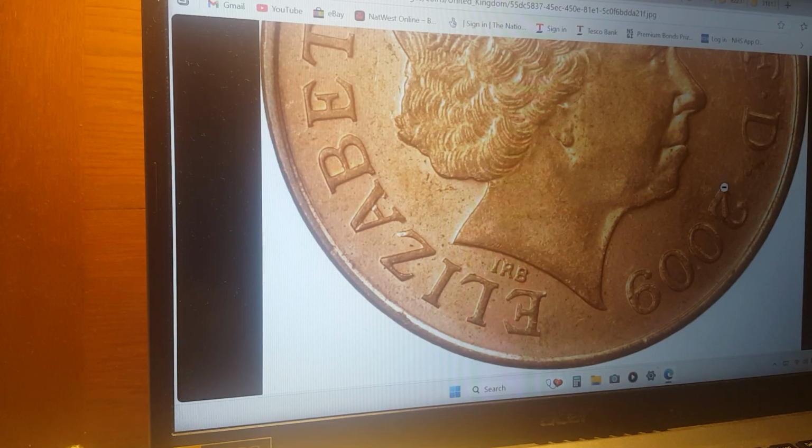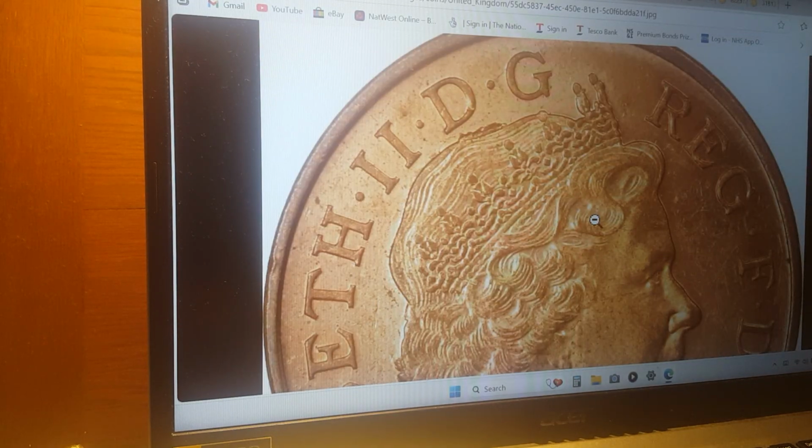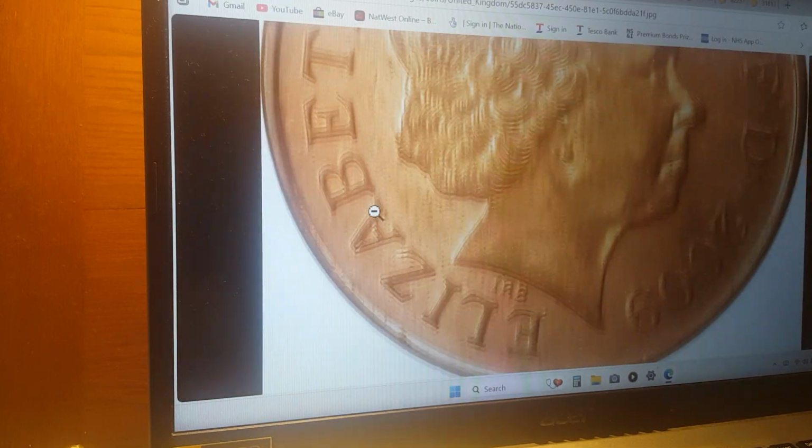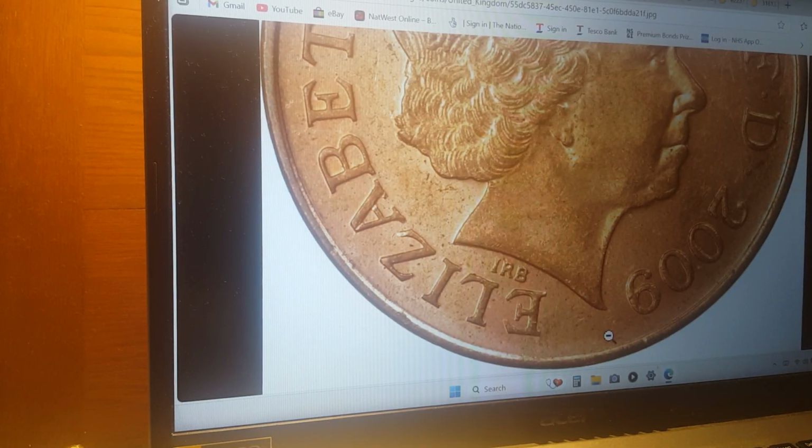It was the worst coin for a coin that suffered with blobs of metal. And there you have it. You've got it here. I know this is sort of minimal. But that is true. Now, let's have a look round. You see, they've done away with the beading now. That was the thing. It's the best thing they ever did, was doing away with the beading.